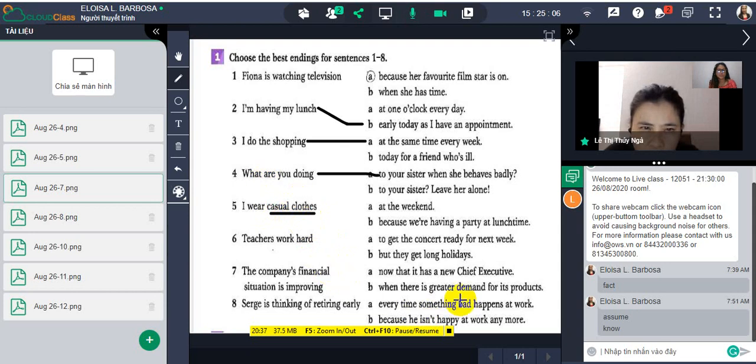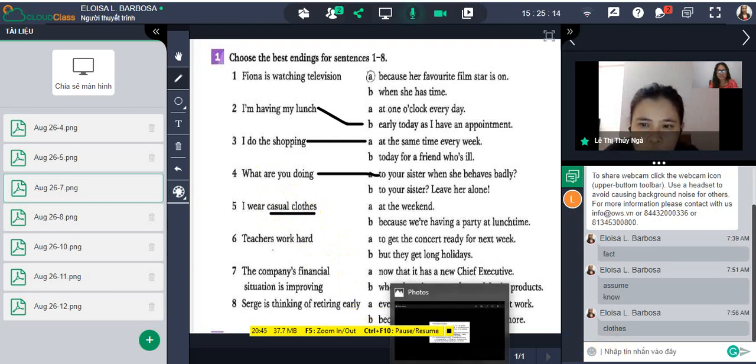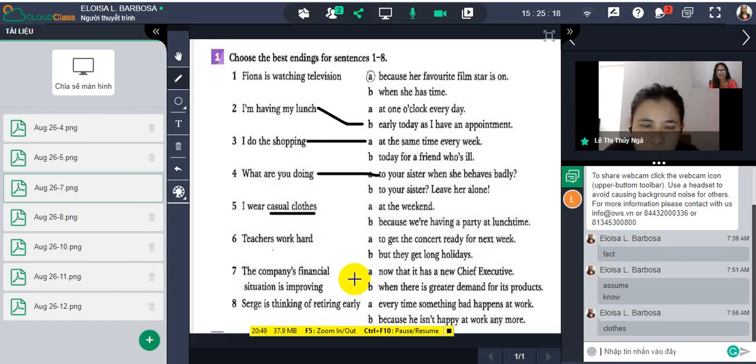No, clothes. Don't forget that. Clothes. Yes. Clothes. At the weekend.